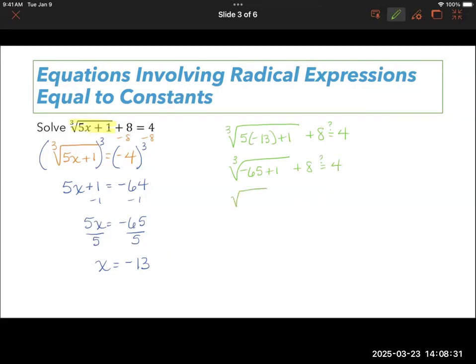This ends up being the cube root of -64 plus 8 equal to 4. That means we've got -4 plus 8, which is indeed 4, and everything checks out. So x equals -13 is the proper solution.